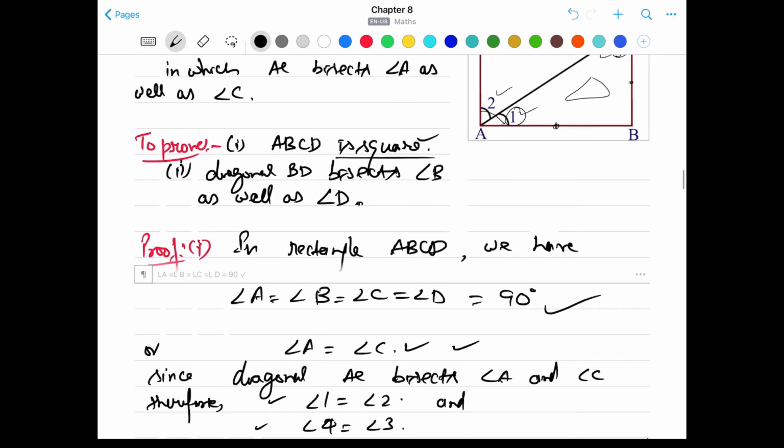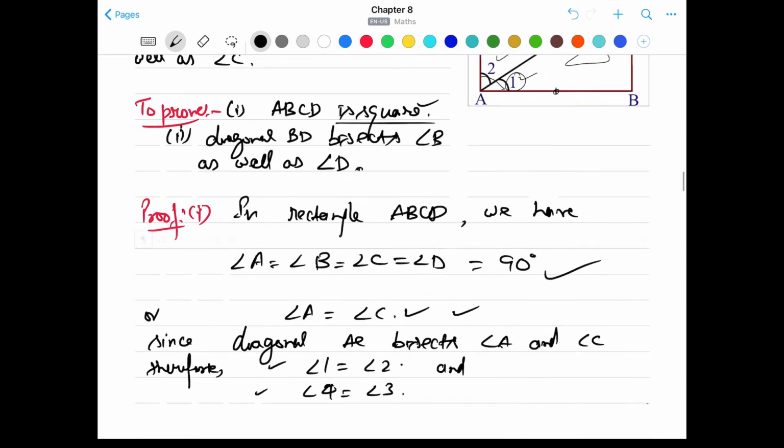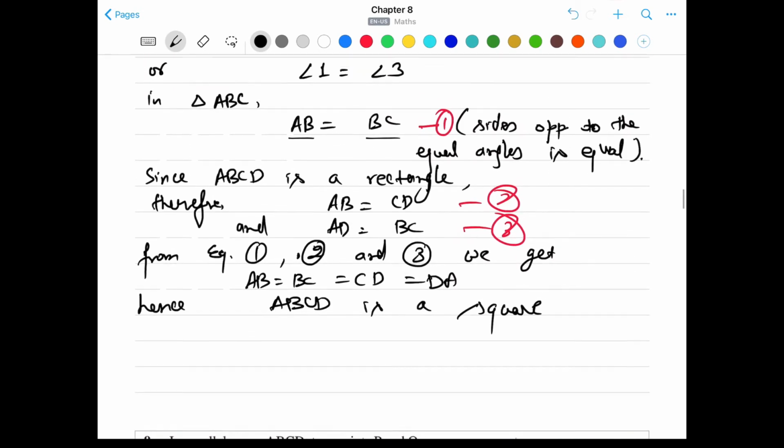Okay, next we have to prove that diagonal BD bisects angle B and angle D. We know that in a square the diagonals bisect the angles, so we try it directly. This is part second.